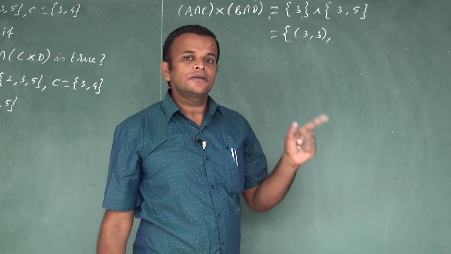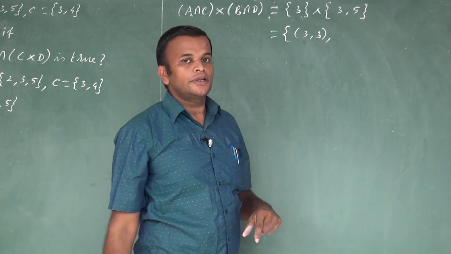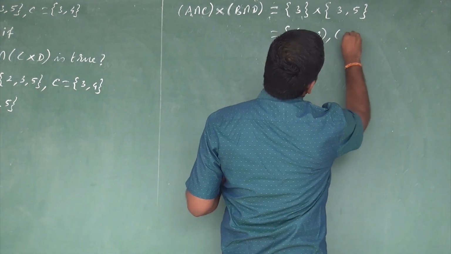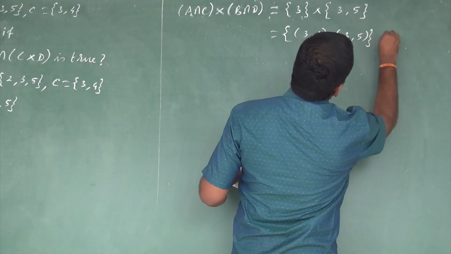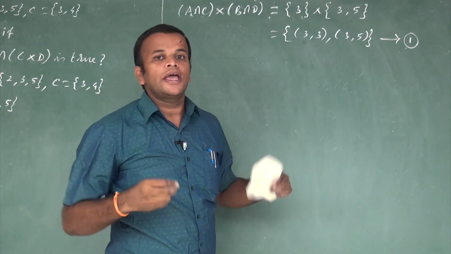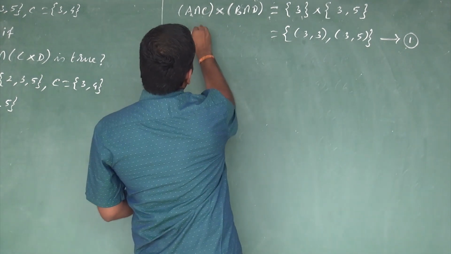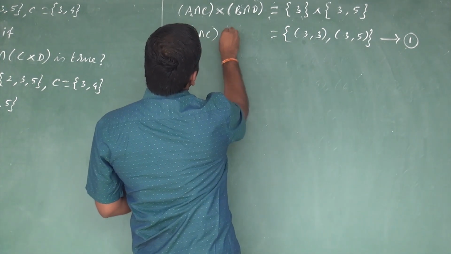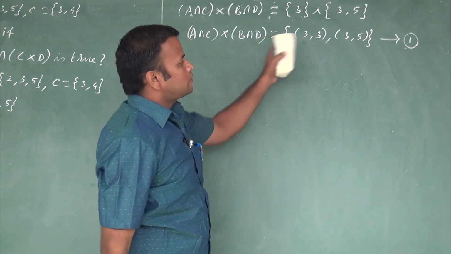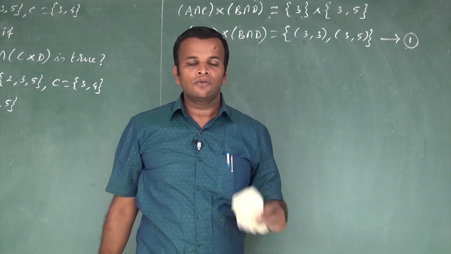So what is the next possible ordered pair? The next possible ordered pair is (3, 5). So this is equation 1. Actually it is the value of the LHS, that is, the value of A intersection C cross B intersection D. So I put it as equation 1.